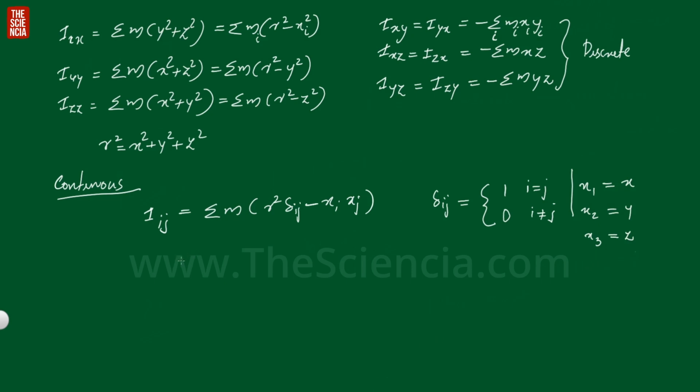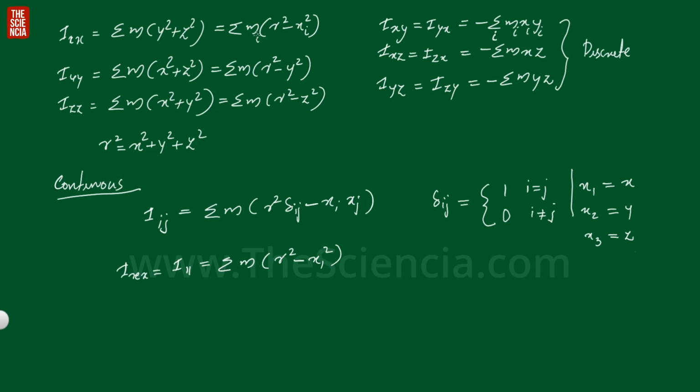For an example, we check what I11 is, that is Ixx. That is equal to summation m r square delta ij, for 11 delta ij is equal to 1, minus xi xj, that is x1 square. So this is Ixx equal to summation m r square minus x square, right?